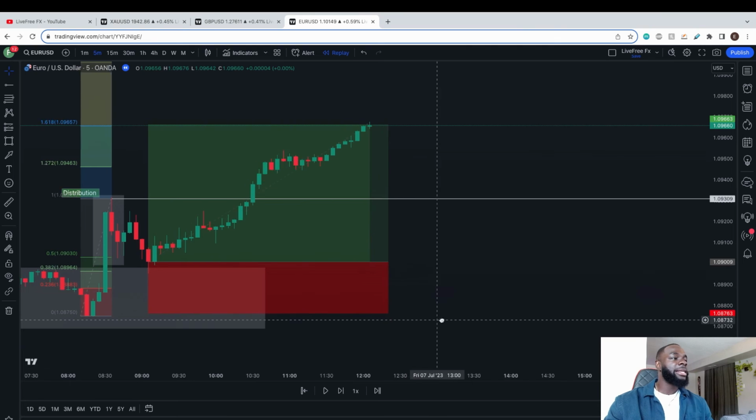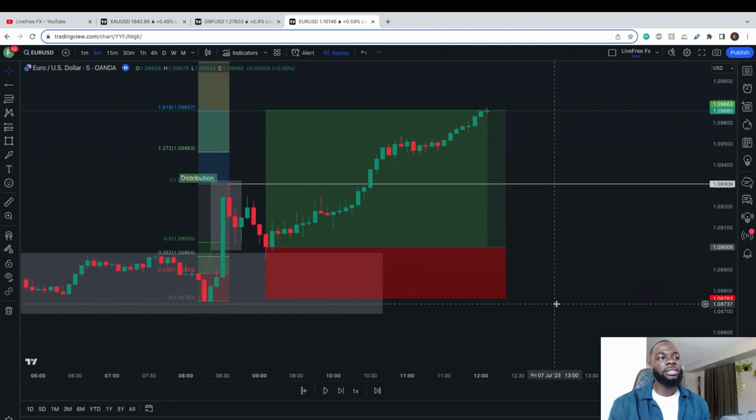So this is the strategy. This is one of my favorite strategies. This is why I like it. This is something that you can apply, but even before you apply it to your particular currency pair, or have it as one of your arsenals in the market, what I recommend is you backtest it. Test it out, see how well it works, see if you like it, and collect samples so you can start to build the reticular activating system of your brain to start spotting this type of move when it comes.